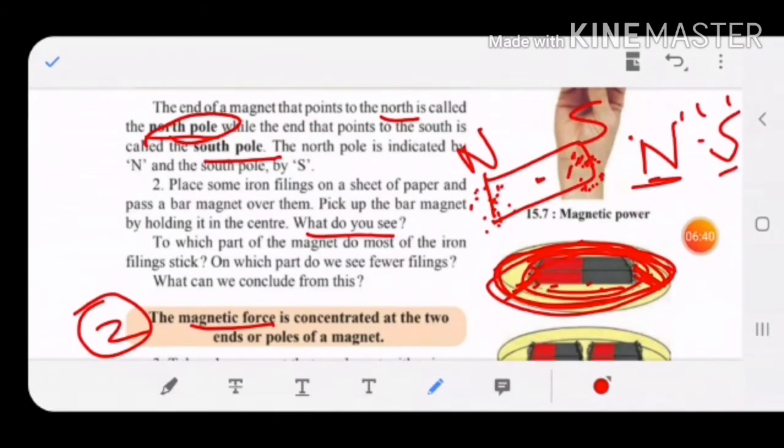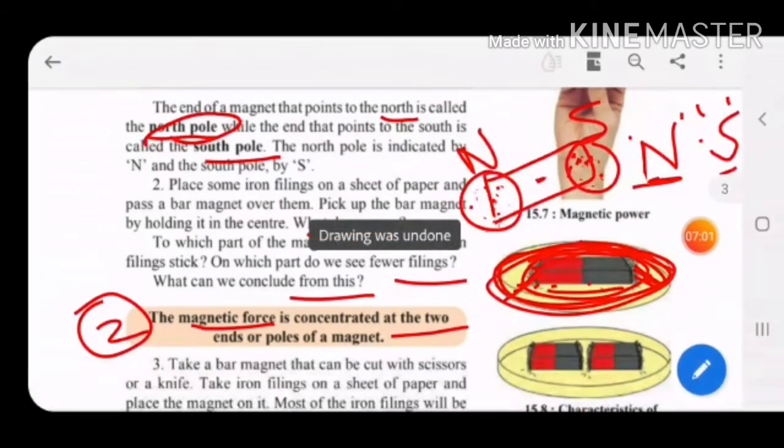So to which part of the magnet do most of the iron filings stick? On which part do we see fewer filings? Most stick at the north pole and the south pole, and in the center you will see very few. From this we conclude that magnetic force is concentrated at the two ends, or poles, of a magnet. Is that okay, children?